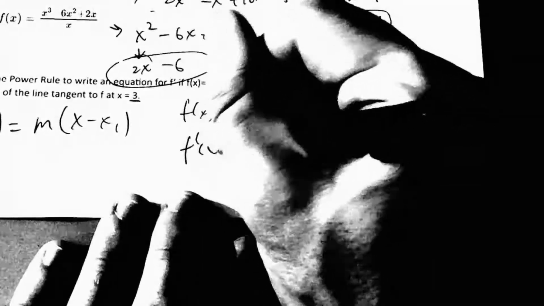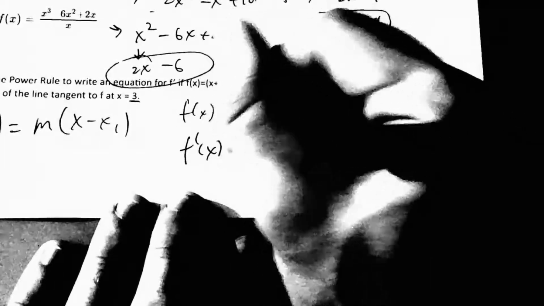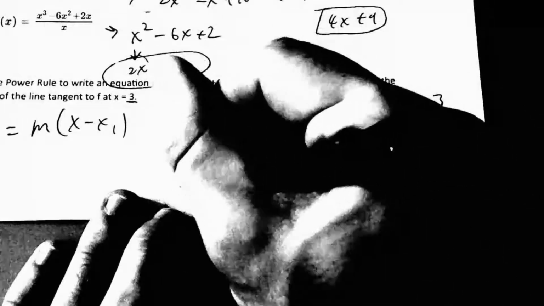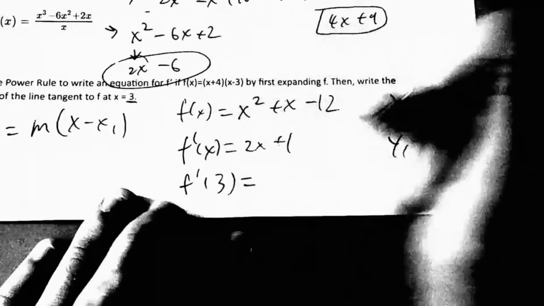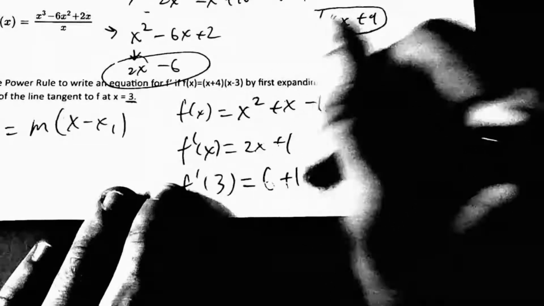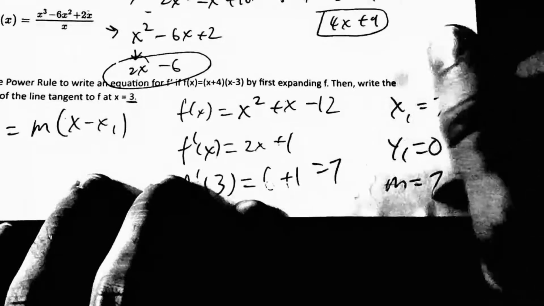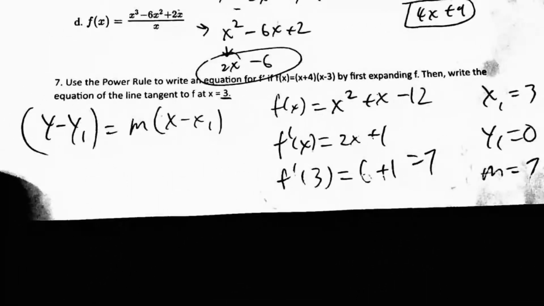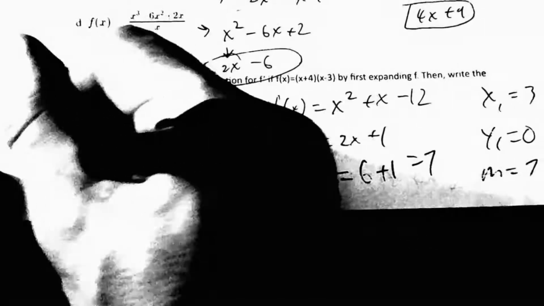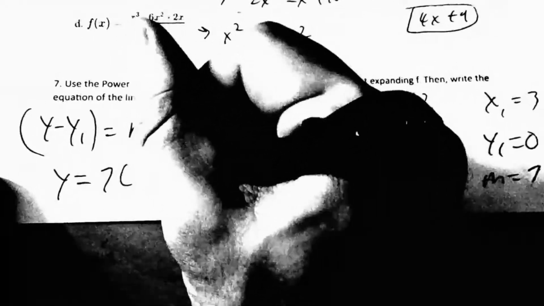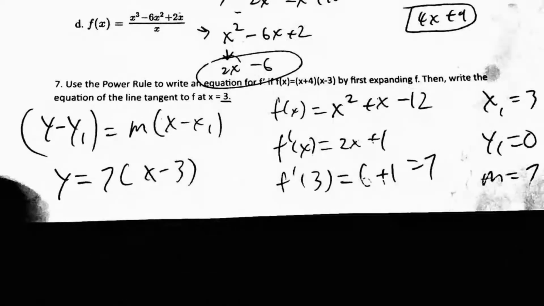So the derivative is 2x plus 1, but it's specifically at 3. So it's going to be 6 plus 1, which is 7. So m equals 7. Then we'll plug it in. So we have just y, because it's y minus 0, equals 7 times (x minus 3). And that's it. That's the homework.